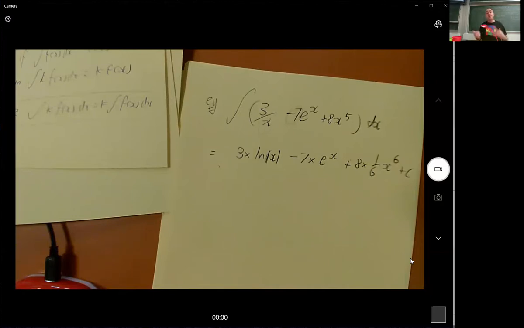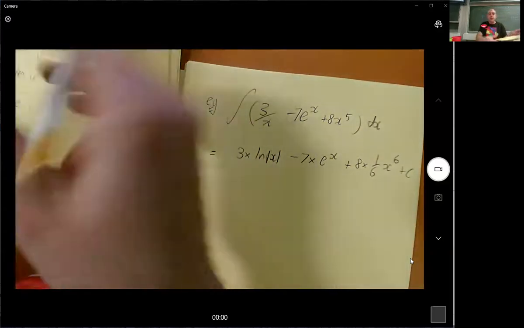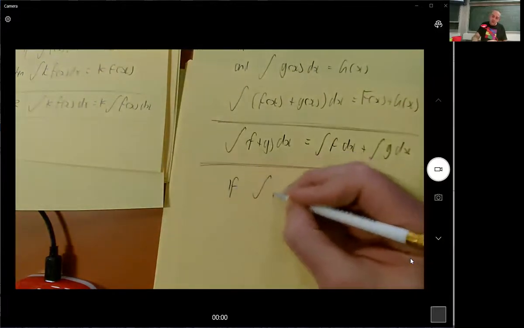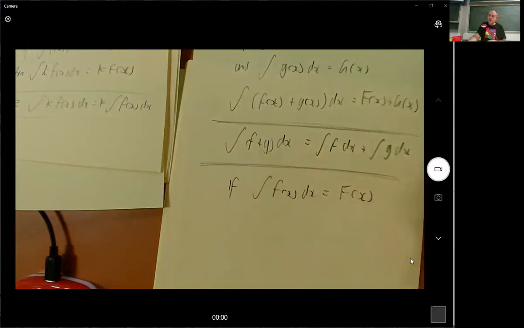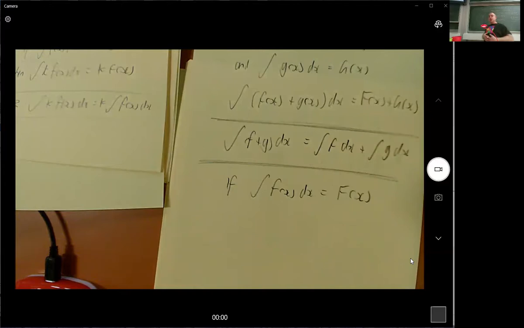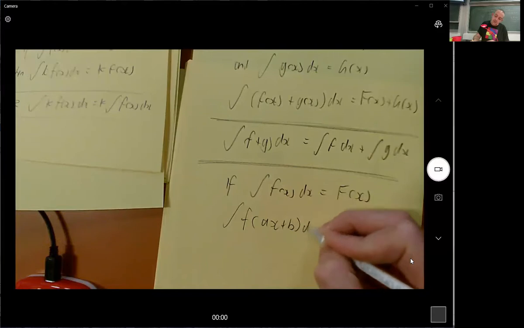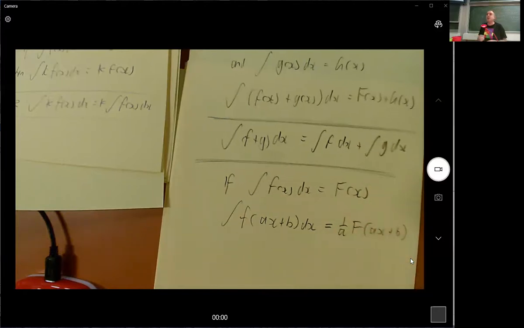So there is one more thing to add to the just do it category, which is: if the integral of f of x is capital F of x, technically plus c, if you know what your indefinite integral would be if there's an x, but you don't have an x and instead you have an ax plus b, then you'll just do what you would normally do for an x, and you'll divide by that number that's multiplied by the x.